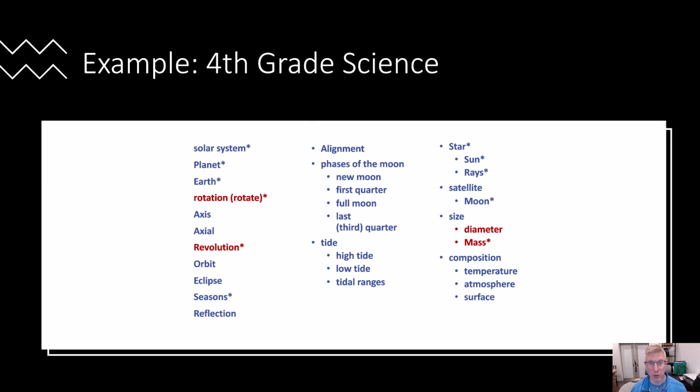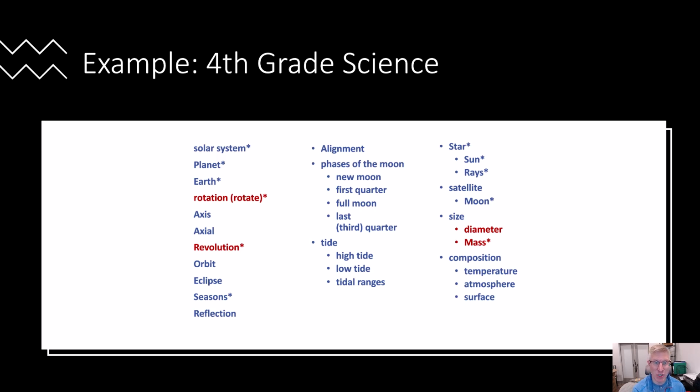First, we're going to look at the 4th grade astronomy unit. Now, as you look at this, you'll notice that some of the words are starred or asterisked. That means that the county has identified these as vital. Now, for this unit, I, however, have decided to use the words in red as part of the Frayer model and direct instruction.